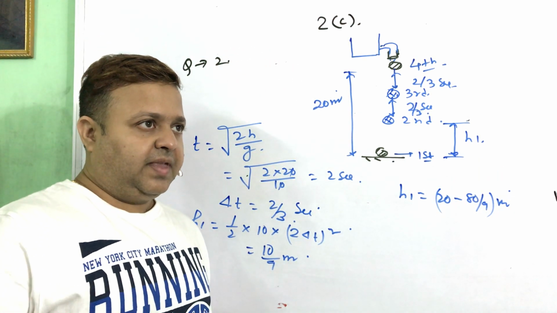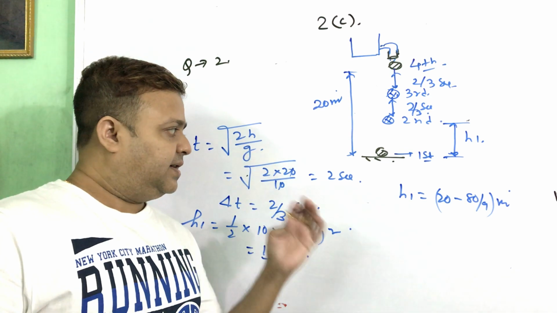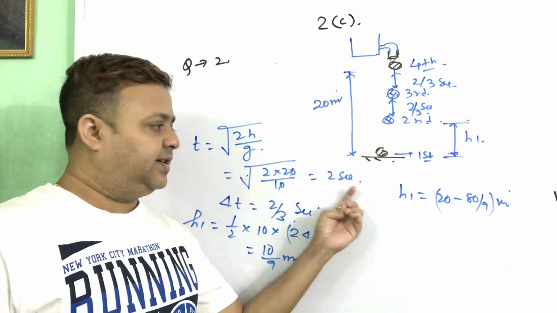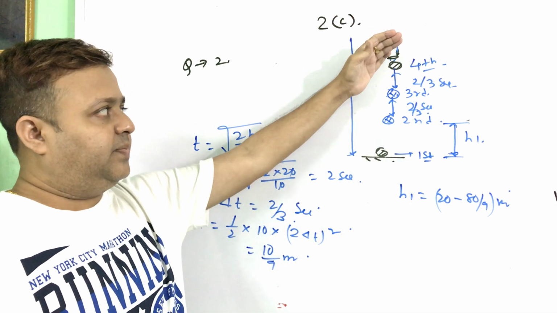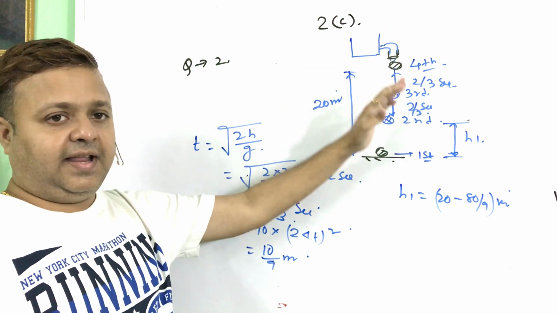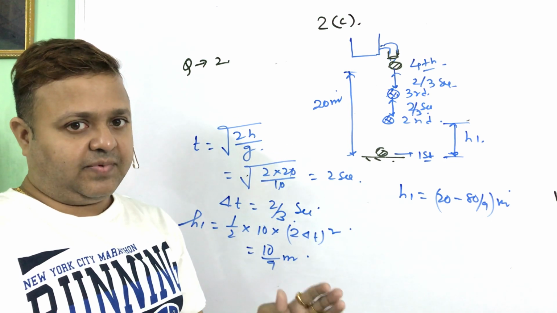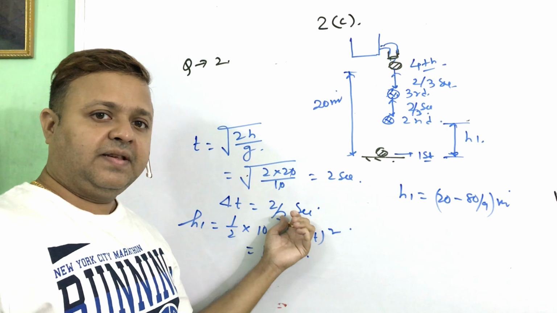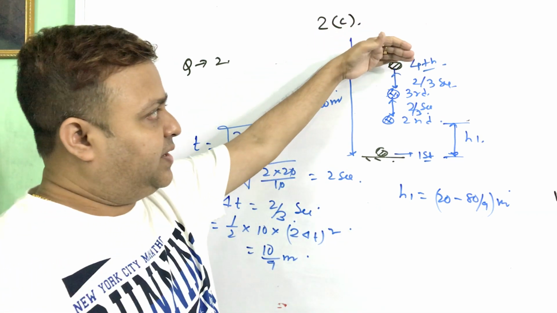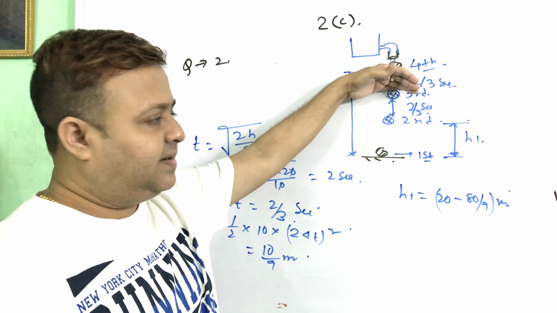First we calculated the time required to hit the ground for a single drop, that is 2 seconds. In 2 seconds the first drop hits, and the number of drops seen is 3. So the time gap between two successive drops is 2 by number of drops, তাই তো? So the time gap between two drops is 2 by 3 second.